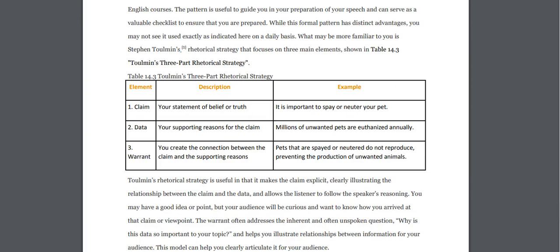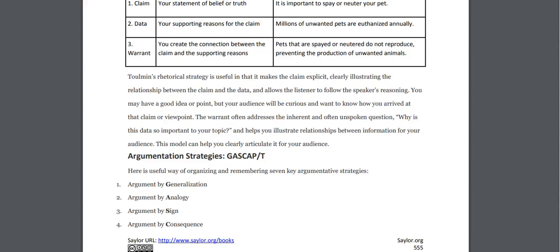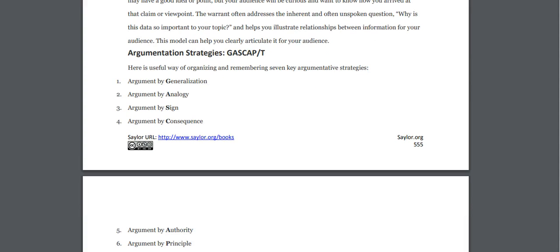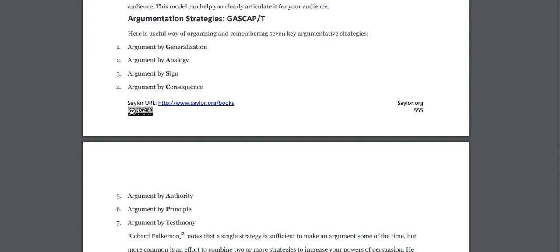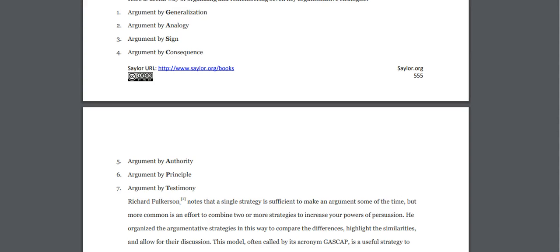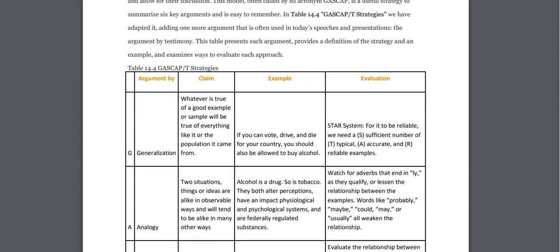There's also Toulmin's 3-part rhetorical strategy, making a claim, providing data for that, and then creating a warrant. Then we have the GASCAP, which is a way of organizing and remembering these 7 key argumentative strategies. Take time to go through these and review the points.